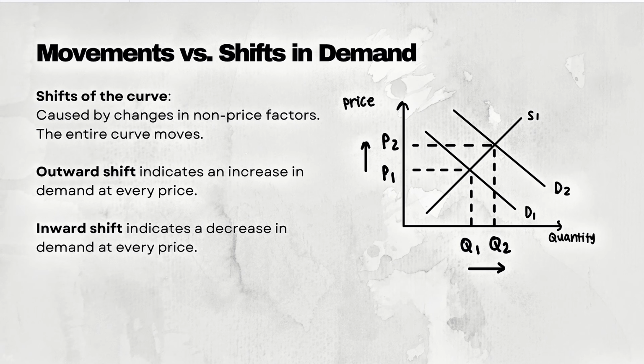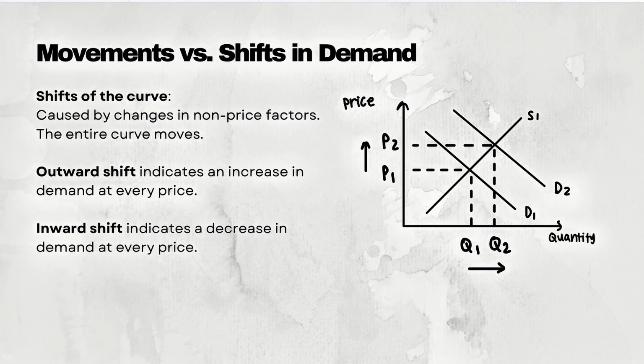Now moving on to the shifts in demand. This is caused by what we call non-price factors, and the entire curve moves. So if you look at the diagram to the right, this is what we call an outward shift, which indicates an increase in demand at every price.